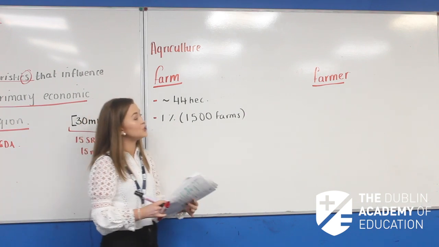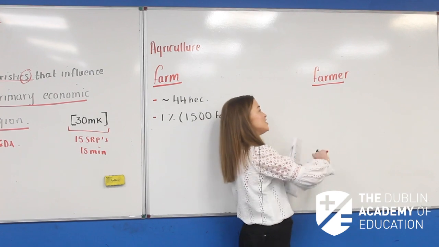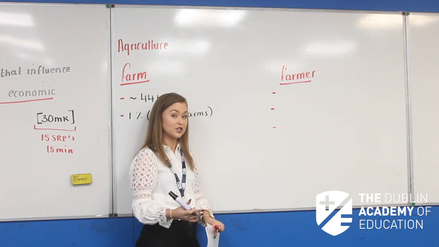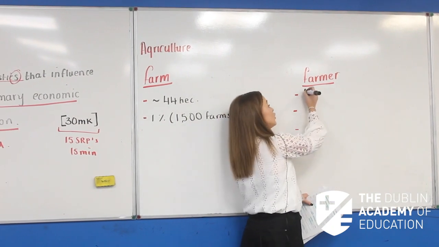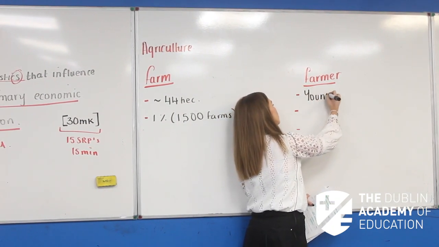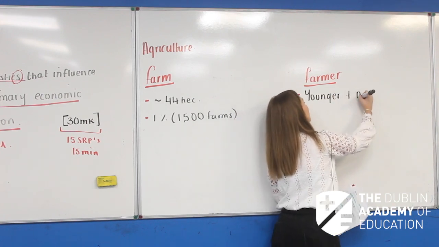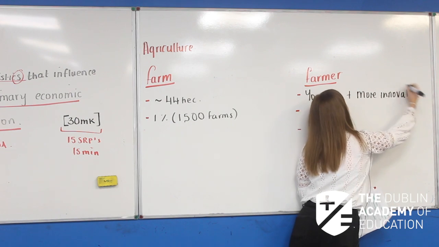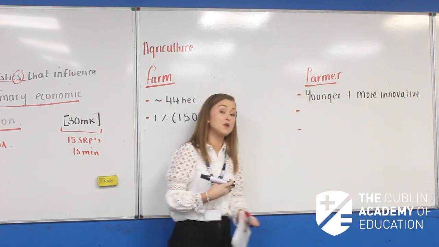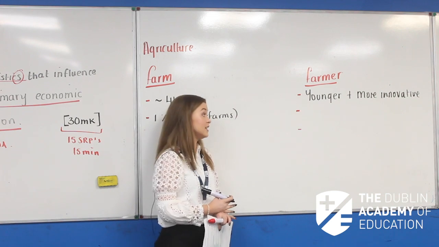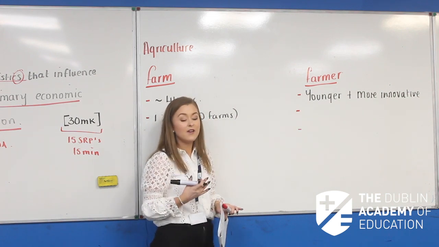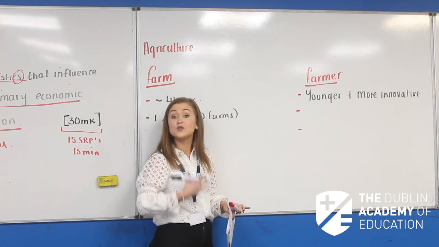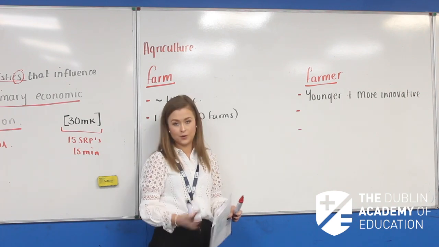Now, in relation to the farmer, farmers in the GDA tend to be quite the opposite to what you'll see in the Western region. They tend to be younger and more innovative. They tend to be more educated, more willing to incorporate new technologies, new methods into their practice.